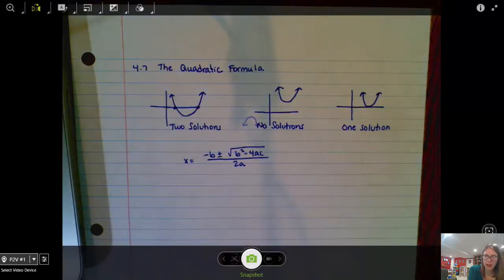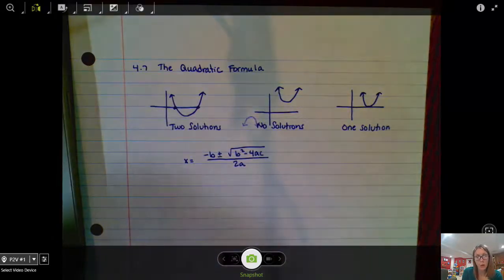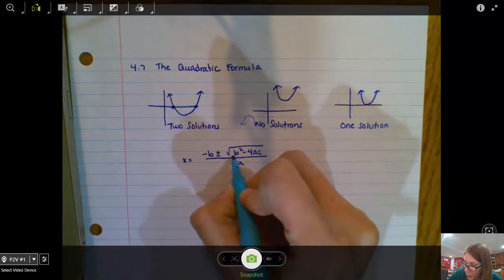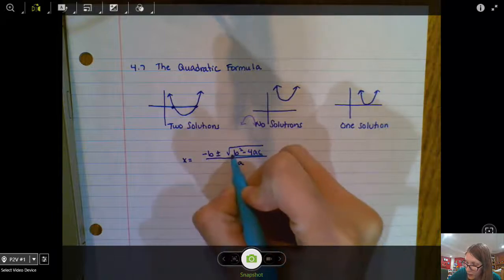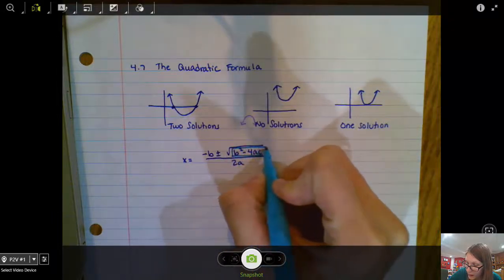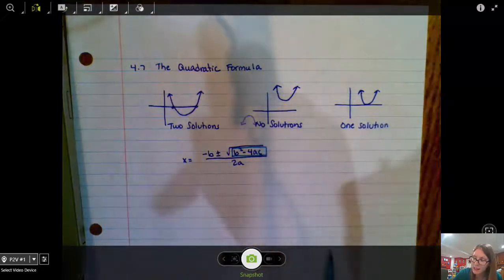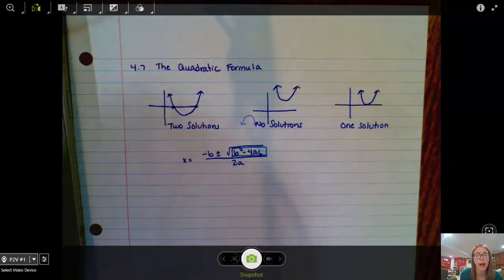If you're thinking that stuff that's underneath our square root, you're right. If I just look at this b squared minus 4ac, that can help me figure out how many solutions I'm going to have.